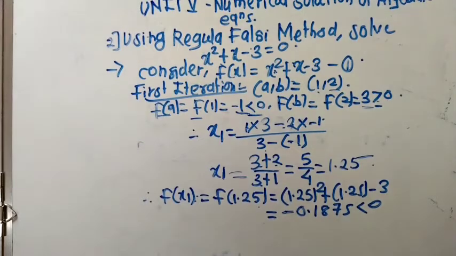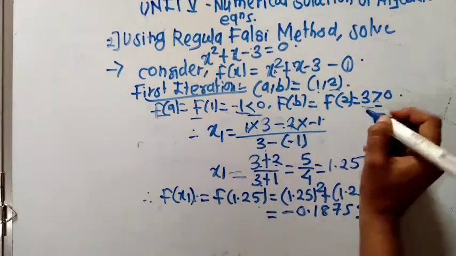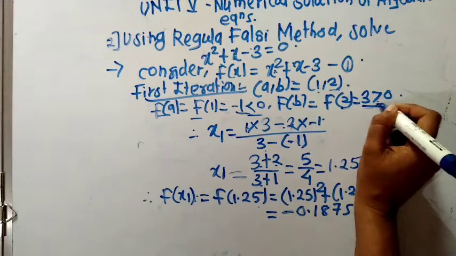So f of x1 is less than 0, and f of 2 is greater than 0.